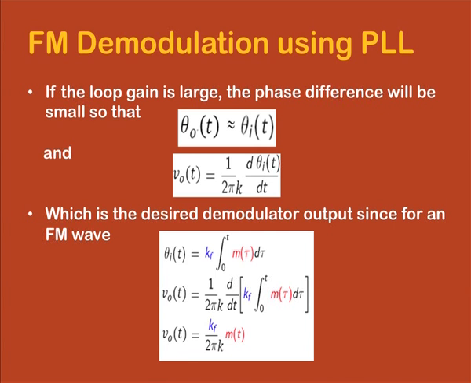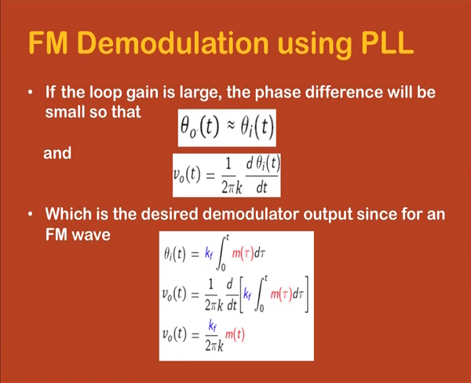We recall from our earlier lectures that for a frequency modulated waveform, theta_i(t) is k_f times the integral from 0 to t of m(tau) d tau, where k_f is the frequency sensitivity of the frequency modulator. Writing V_o(t) in terms of this expression for theta_i(t), we get V_o(t) equal to k_f divided by 2 pi k times m(t), where m(t) is the modulating signal.